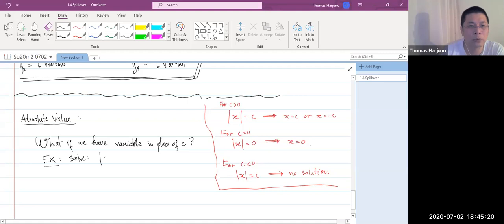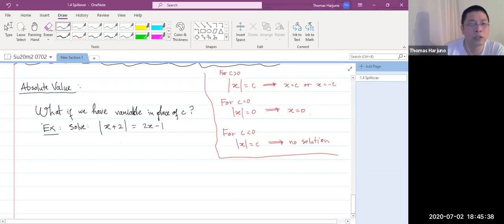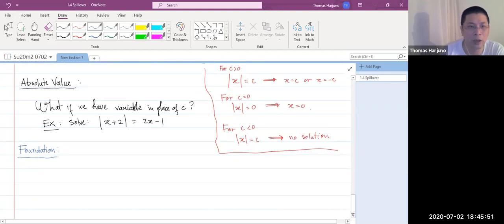Solve absolute of x plus 2 equals, let's say, 2x minus 1. Let's say we have that kind of question. Okay? Now, but before I answer that question, let's do some foundation first. I call that foundation because this is very critical.